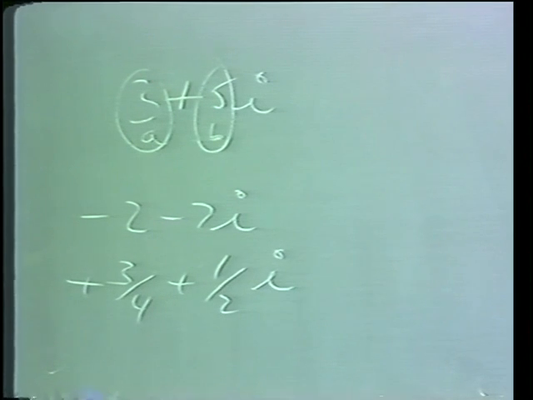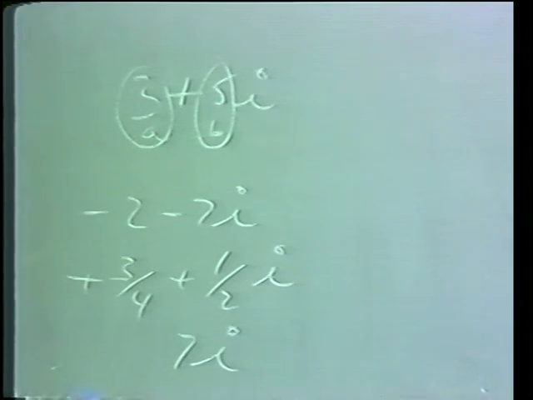Is 3/4 plus 1/2 i a complex number? Yes, sure it is. What's a? 3/4. And b is 1/2. That is a complex number.